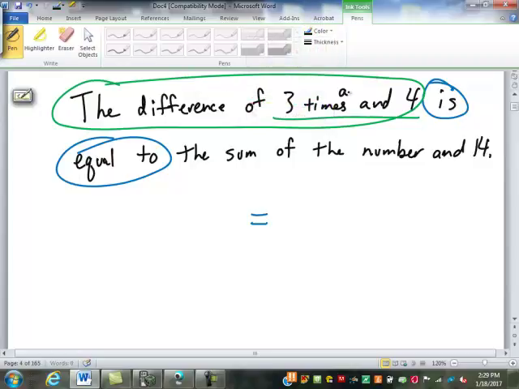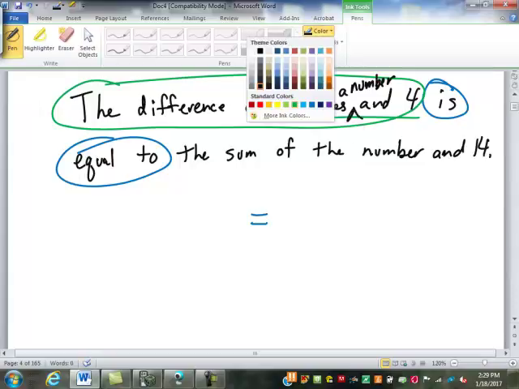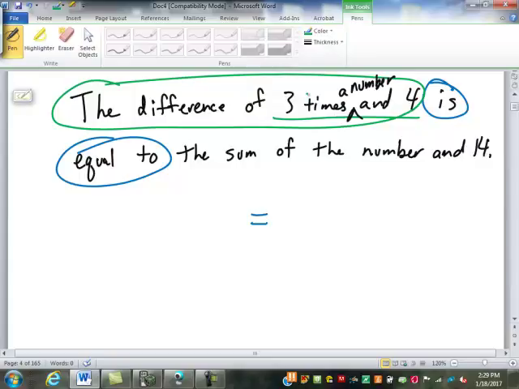There we go. That might make more sense. So 3 times the number and 4, what's that going to look like? Well, 3 times the number is 3x. The difference of 3 times the number and 4 is 3x minus 4. Difference means subtract.